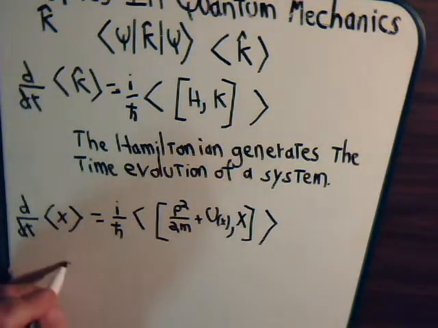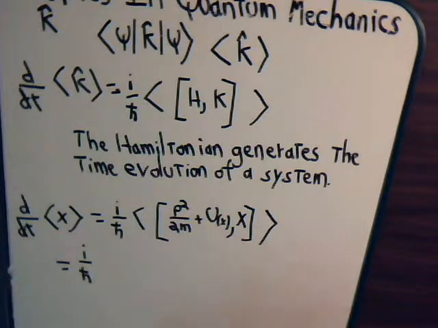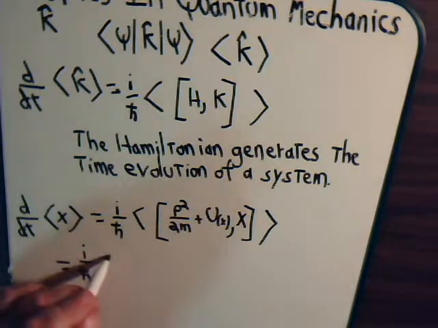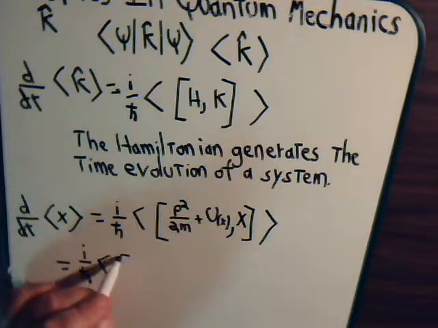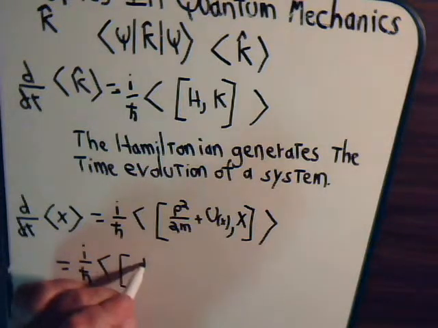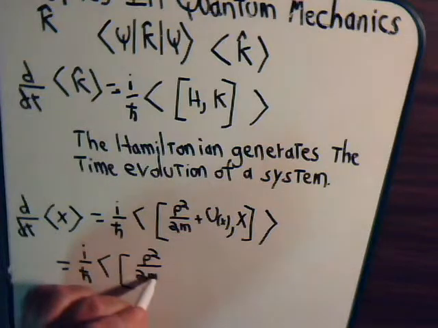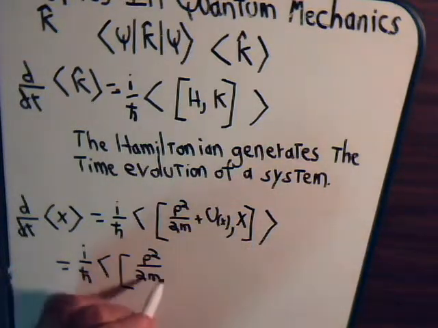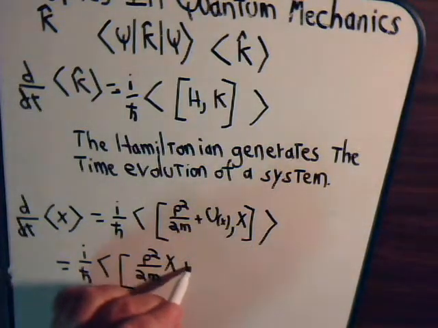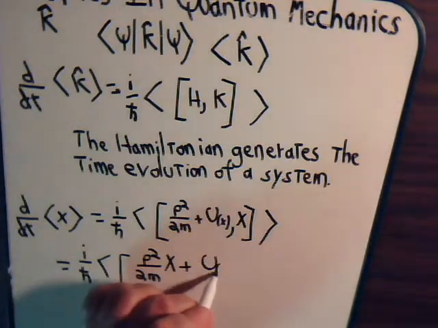So this is equal now to i over h bar, and we're going to have the commutator of p squared over 2m, x, plus the commutator of u of x with x.